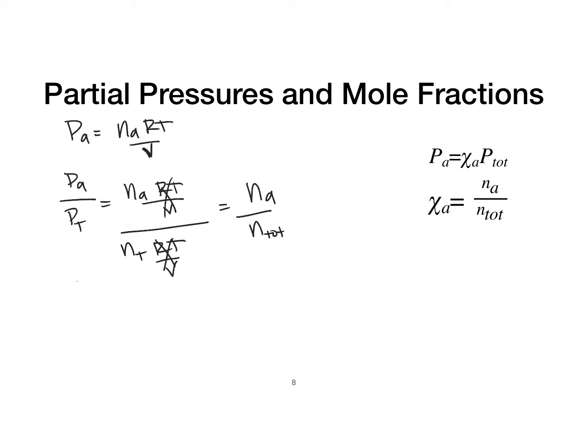So the pressure of A is equal to the NA over NT multiplied by the total pressure.